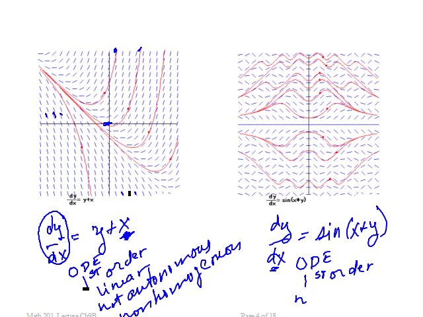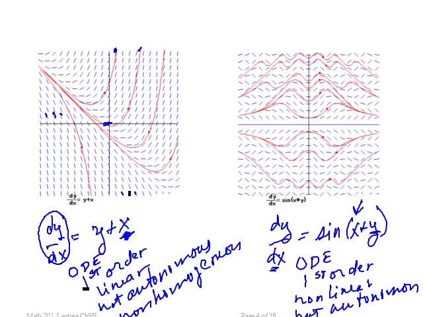No, it's nonlinear. dy by dx is raised to the first power, but the function itself appears as the argument of the sine function. This is highly nonlinear. Is it autonomous? No, because x appears explicitly here. And it's non-homogeneous as well.